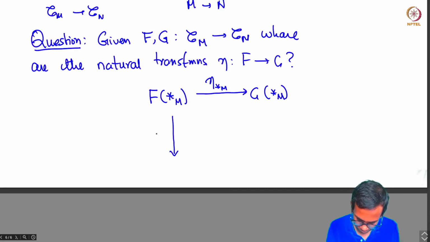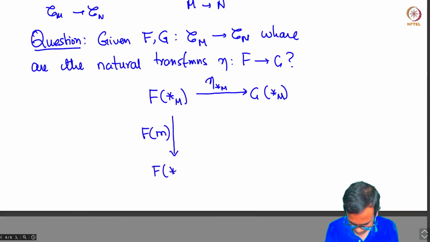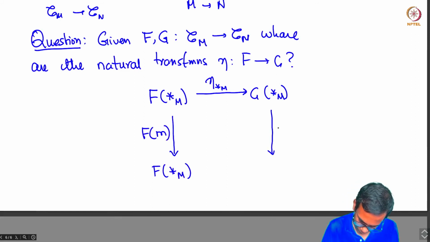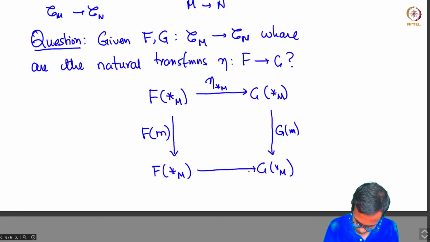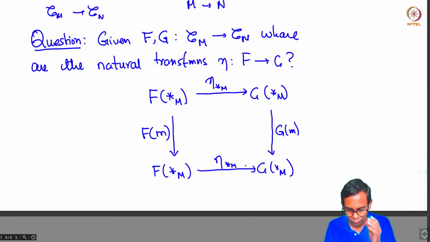For every m we have f(m) here, and here we have g(m), and this is eta star of m.